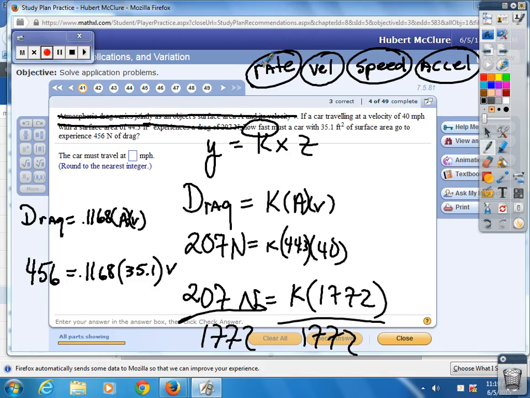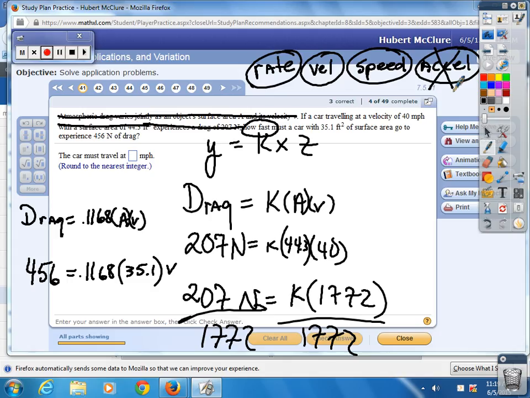Rate, velocity, and speed are about the same here, but physics teachers will give you a different definition for each one, and that's fine.